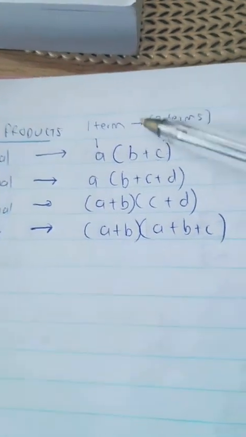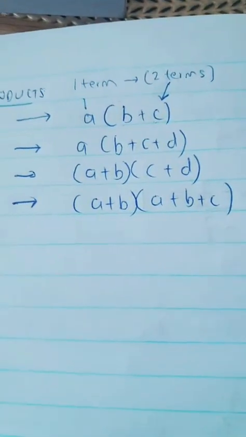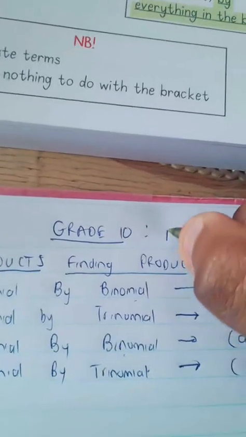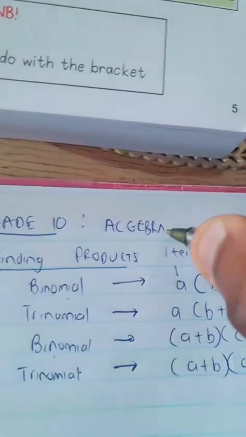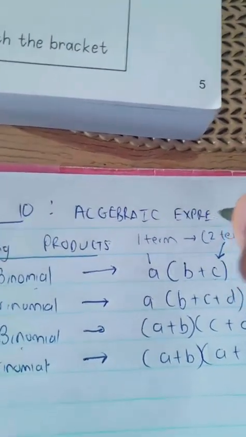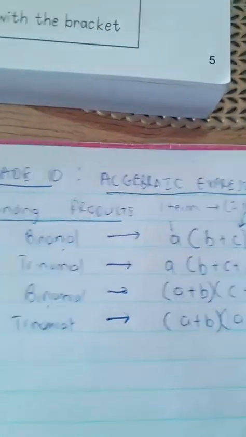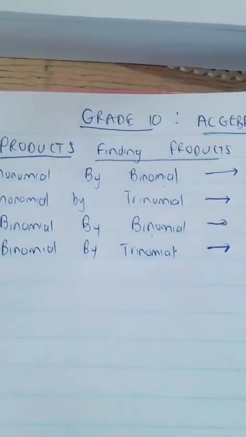We are going to look at these because according to your annual teaching plan for grade 10, the second section of work that you do is algebraic expressions involving products, firstly. And then after that you do factors.